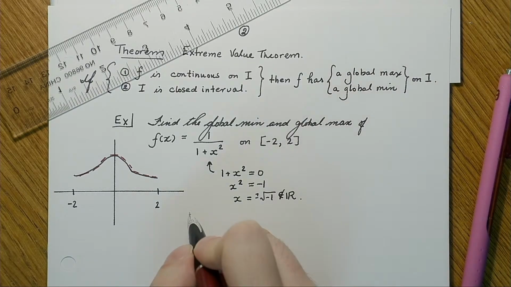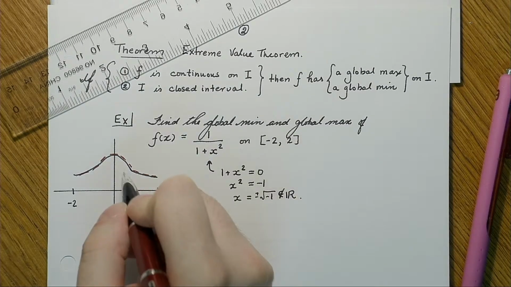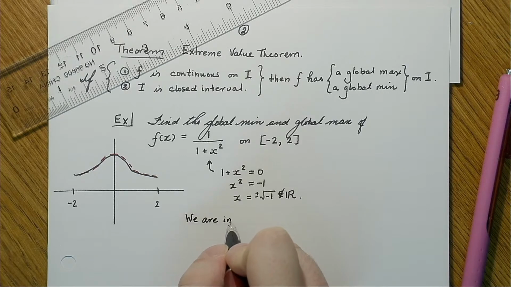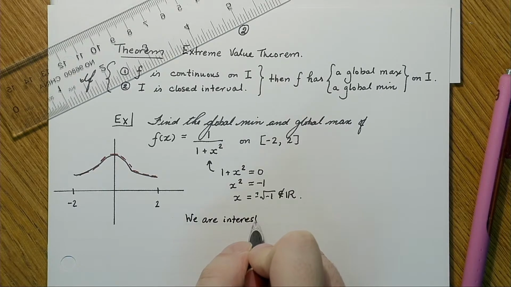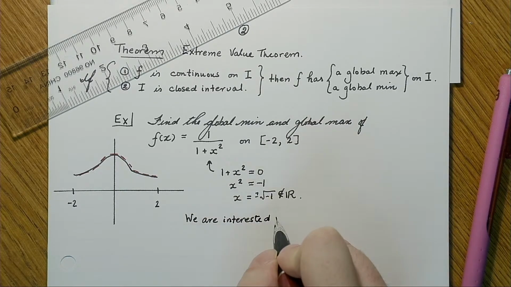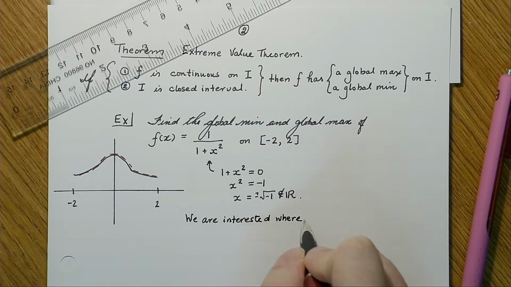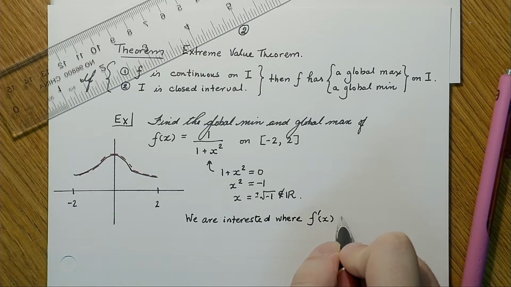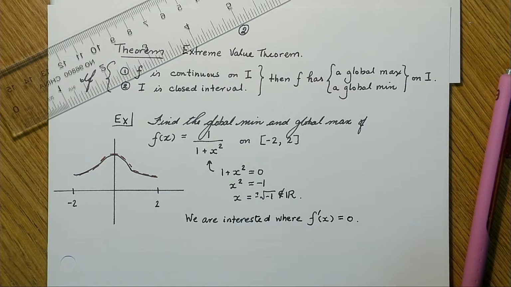Basically we're interested where it equals 0. So those are the critical points, right? We're interested where that's equal to 0.